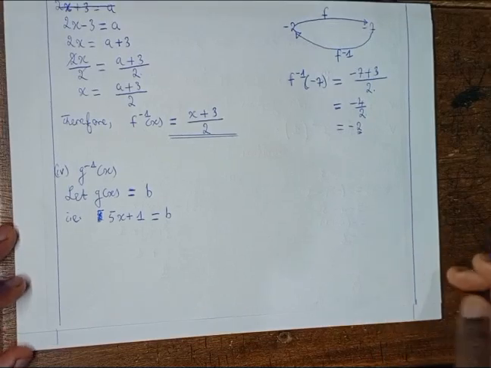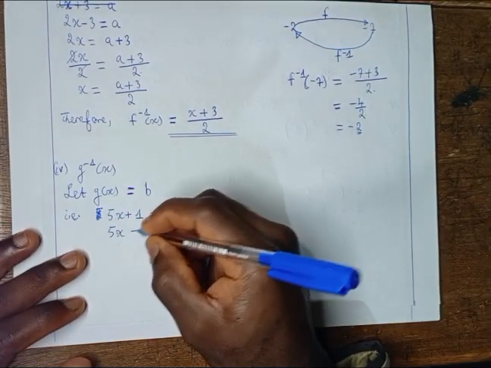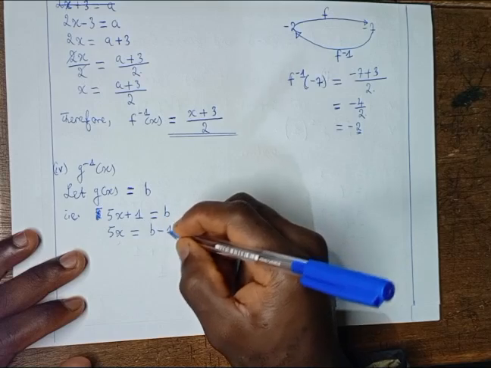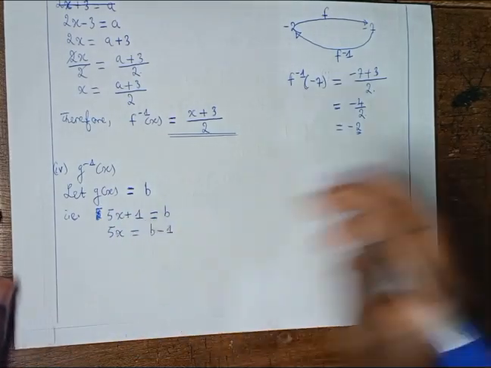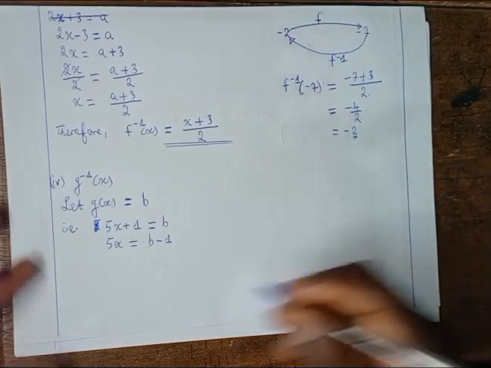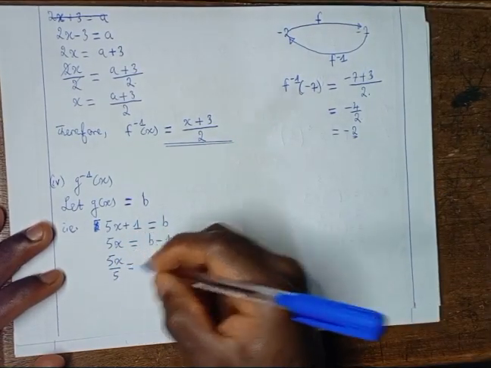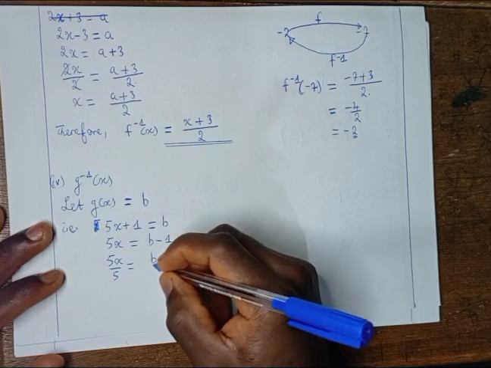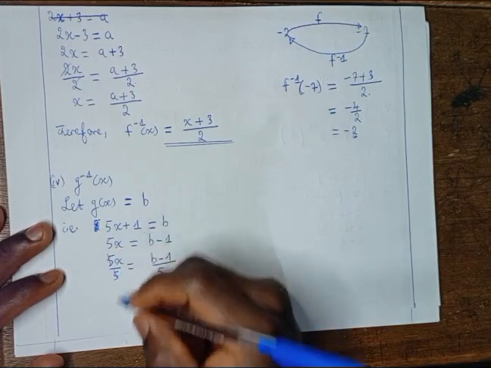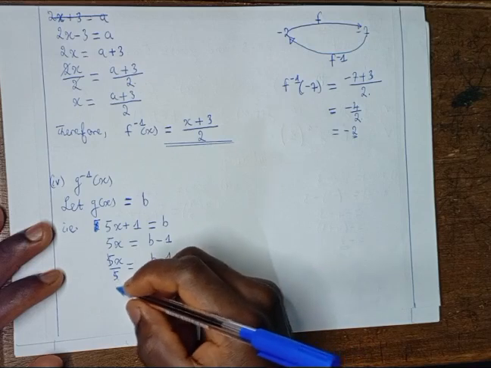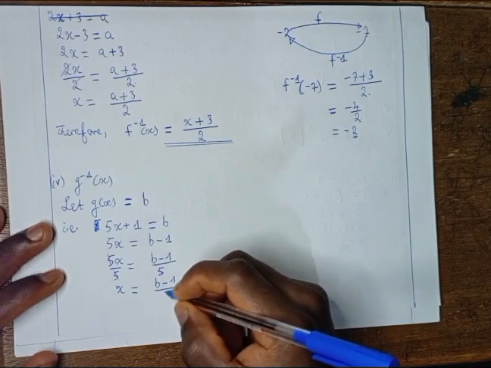Next, we have to make x the subject of formula. So we transfer 1 this way, which becomes negative: 5x will be equal to b minus 1. Next, we need to make the coefficient of x to be 1, so we divide all through by 5. 5x divided by 5 is equal to b minus 1 divided by 5. So 5 will cancel 5, and we'll be left with x equal to b minus 1 over 5.